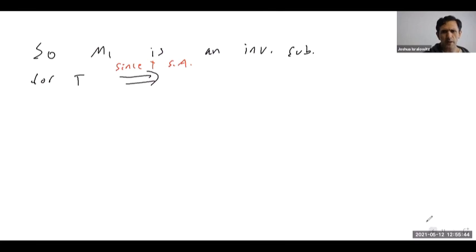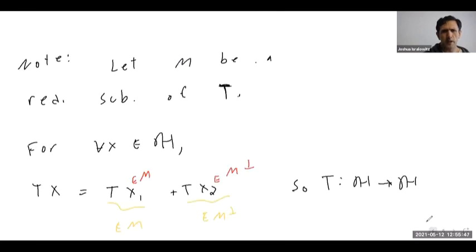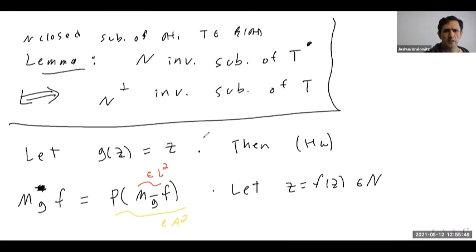So let's just go back here a second. If T is self-adjoint, then T star is T. So N is an invariant subspace of T if and only if N perp is an invariant subspace of T. So basically if you have a self-adjoint operator, then the concepts of invariant subspace and reducing subspace are the same.